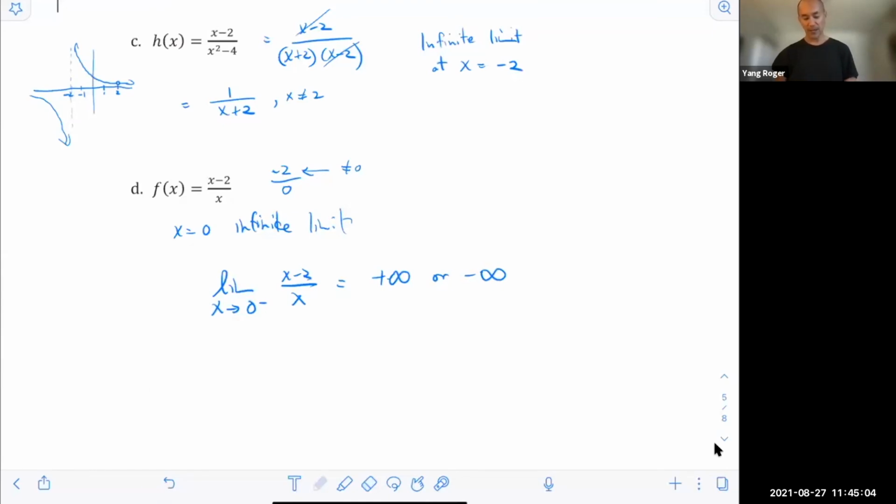Maybe a good test point would be like negative 0.001 divided by negative 0.001 minus 2, right? And all I care about is the sign. I know it's going to some sort of infinity. So the numerator is going to be negative. The denominator is also negative. Negative divided by a negative is a positive number. So you are correct. It is going to be positive infinity.